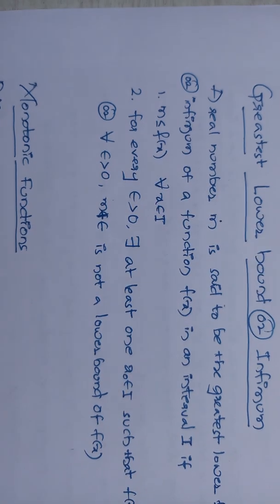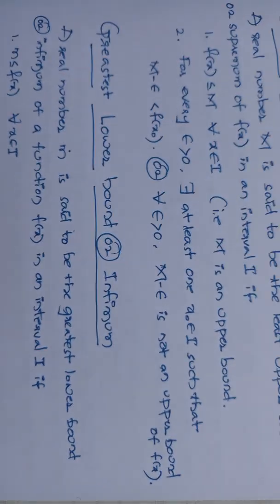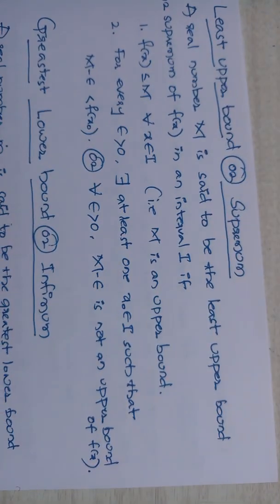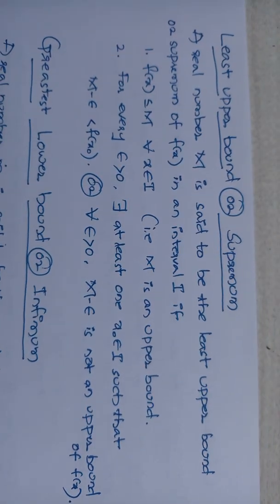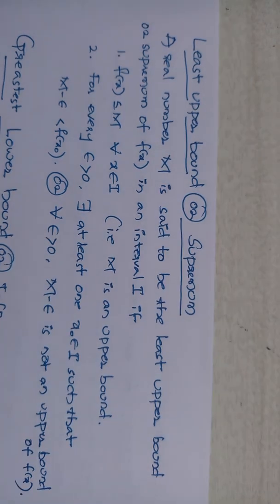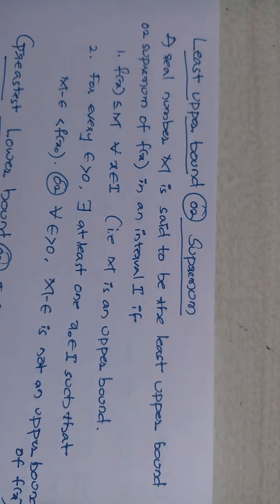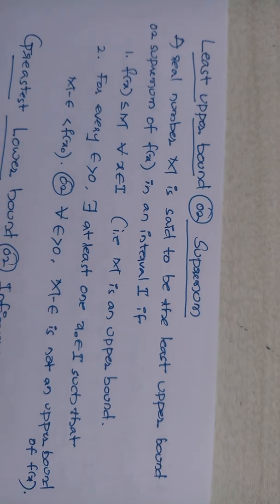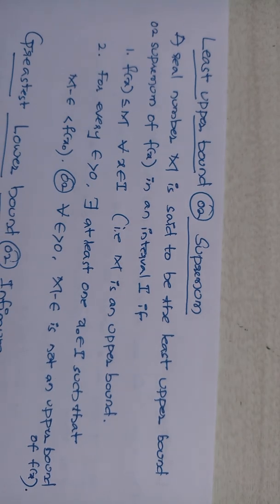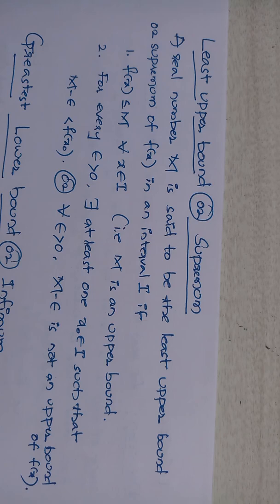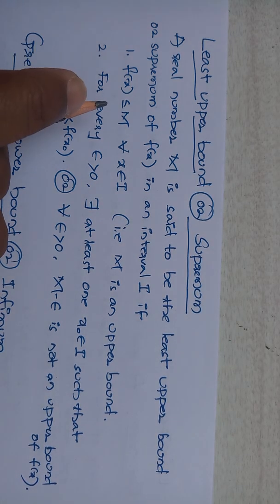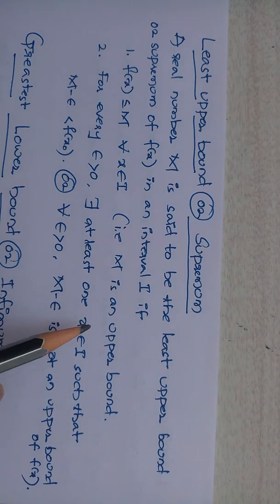Next, least upper bound. A real number m is said to be the least upper bound or supremum of f of x in an interval I if f of x is less than or equal to m for all x belongs to I, and m is an upper bound.